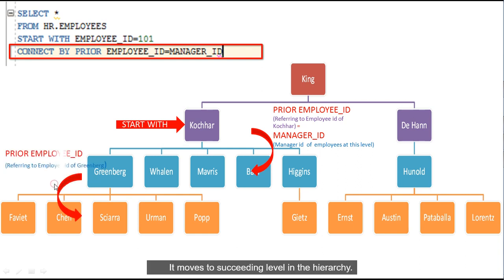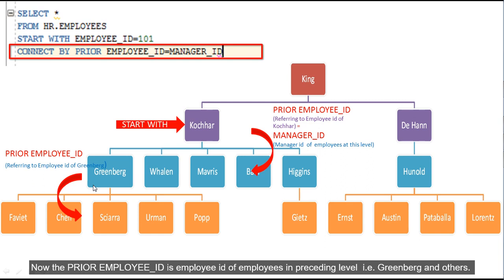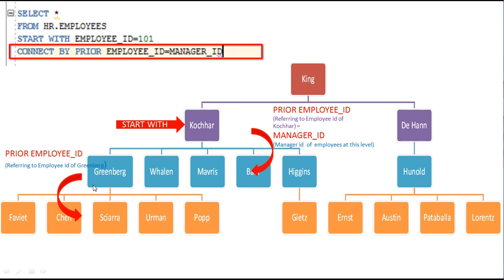It moves to succeeding level in the hierarchy. Now, prior employee ID is employee ID of employees in preceding level, that's Greenberg's and others. It looks for employees whose manager ID is same as employee ID of Greenberg, Whelan, Maveris, Baer, and Higgins.